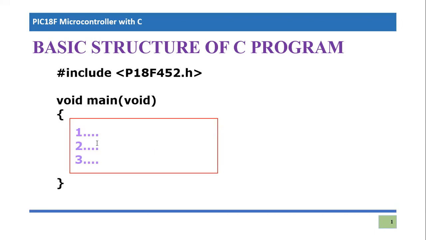This is a specific concept I have already discussed in assembly language programming of PIC18F452. For your convenience, I will give the link for the other complete course available on the PIC18F microcontroller using assembly.